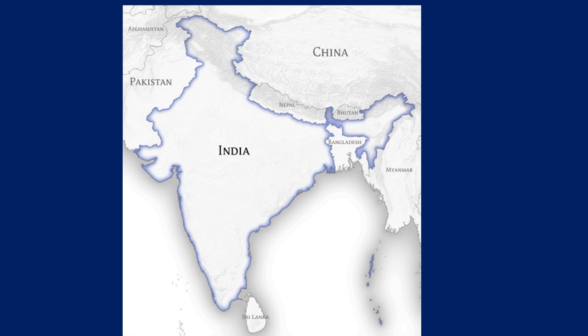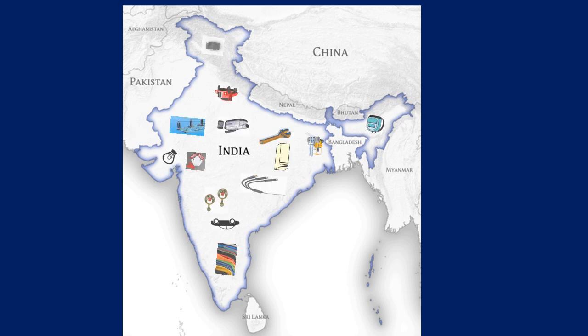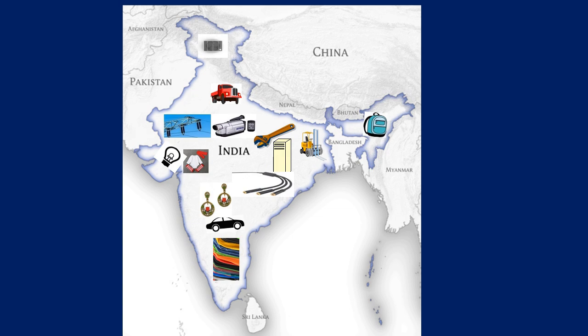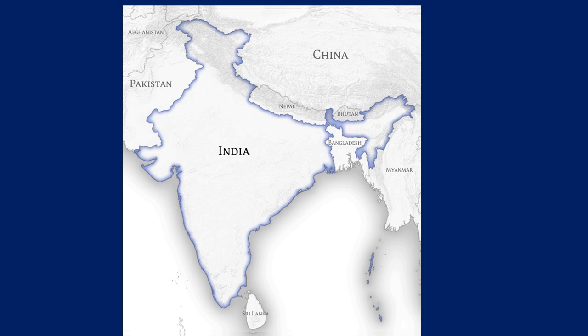We have three aspects of GDP. 1. Goods and services produced within a country. Means the goods are produced within the boundaries of the country. Second one, they are produced by normal residents of the country.